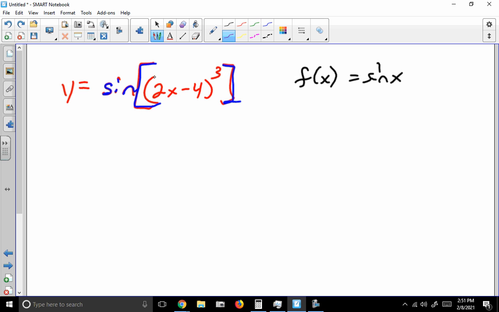Our inside function is something to the 3rd power. We could call that g. So that's our input to the 3rd power. And then we have something even farther inside there. That 2x minus 4. That's our most inside function.